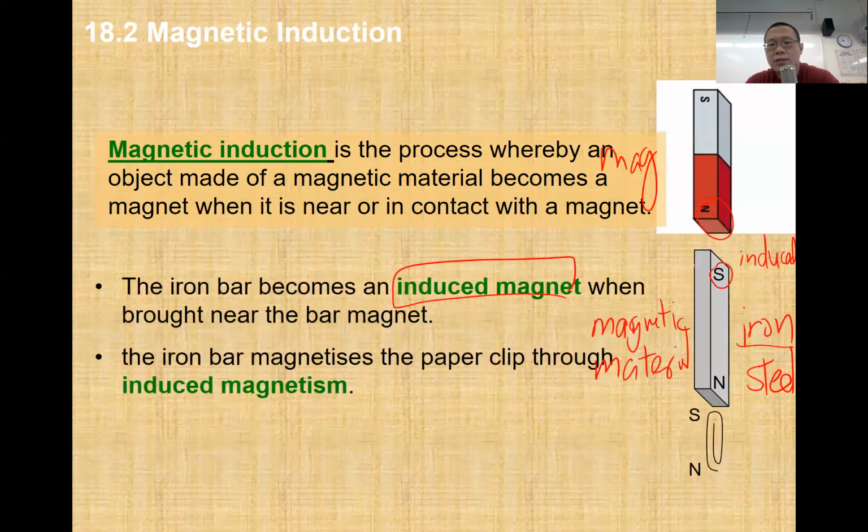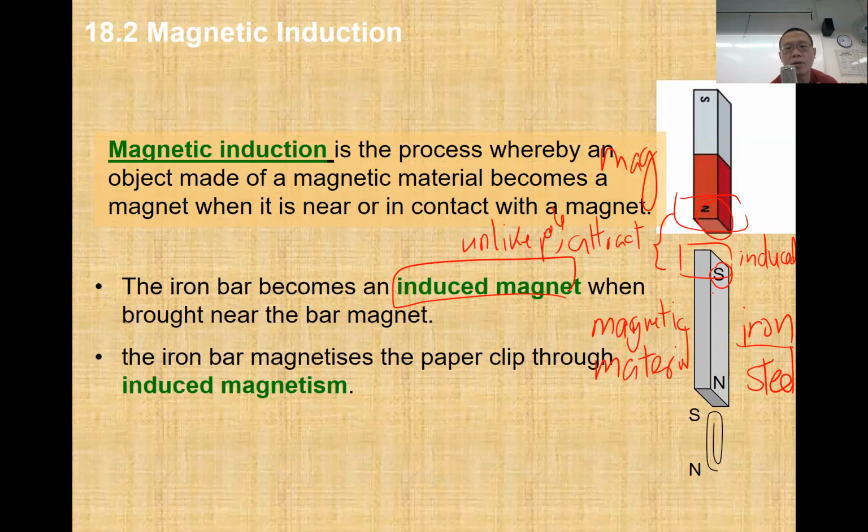Because I know a magnet and a magnetic material will attract. Unlike poles attract, so one of the keywords is that it's an unlike pole because it will attract. So I definitely know that because I have a permanent north pole here, I will induce a south pole to be formed on the steel bar here, or maybe the iron bar here. Temporarily, I bestow that particular pole onto that metal bar.